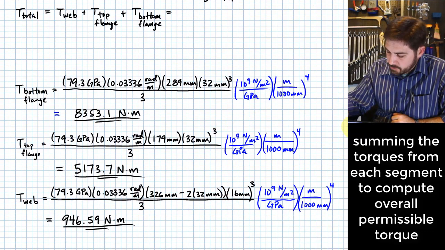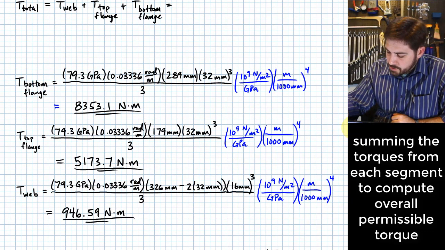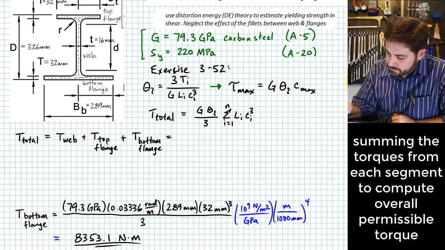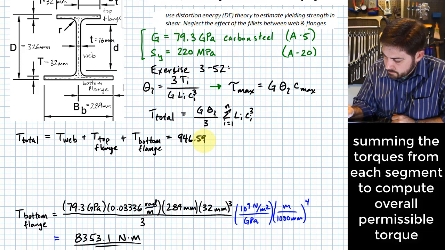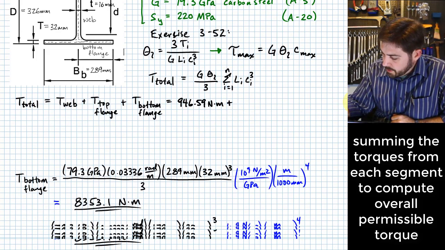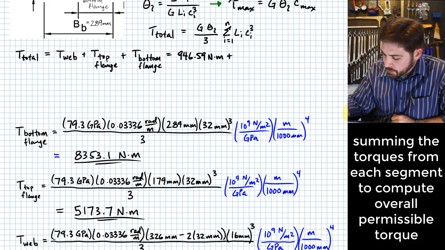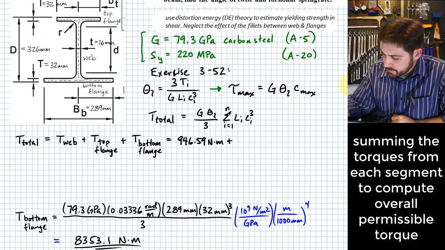Okay, and so we'll just add those numbers up. I'm going to have to go back and review these. We had 946.59 Newton meters. We had 5,173.7 Newton meters.